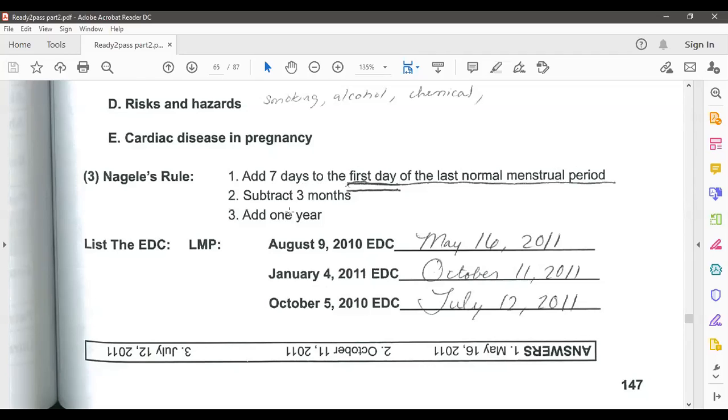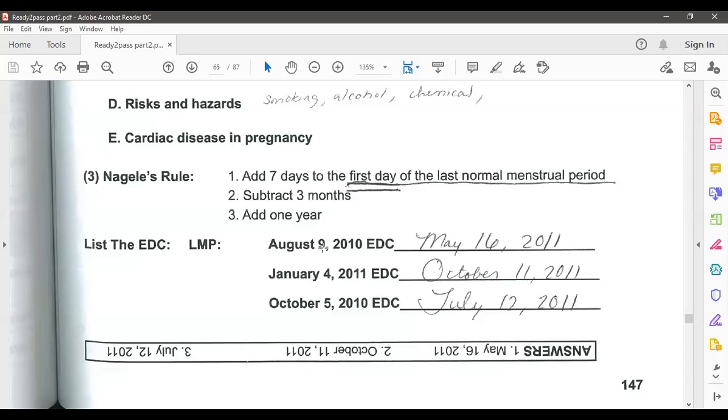What I do to remember: write down the last menstrual period date, like August 9, 2010. Add 1 year first, means August 9, 2011. Add 7 days, 9 plus 7, right?